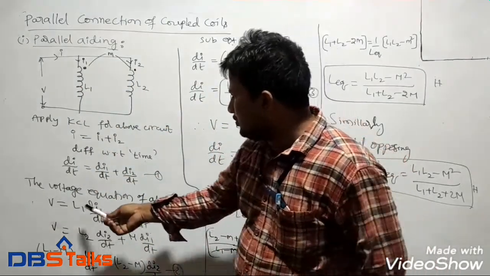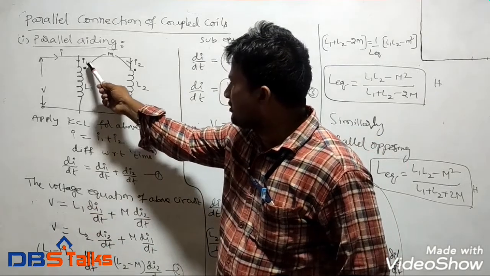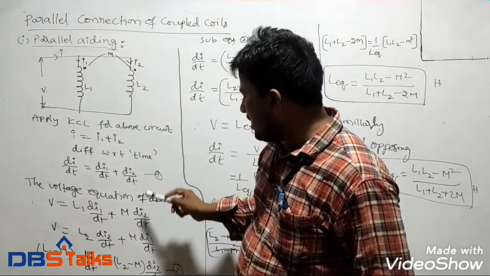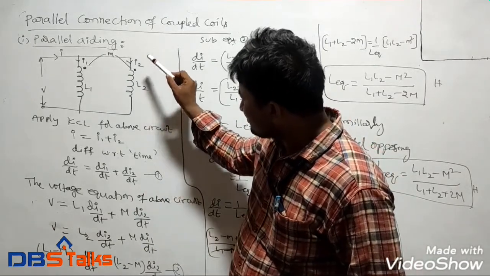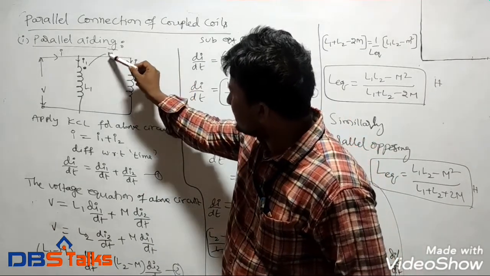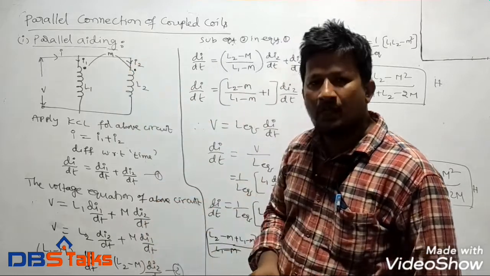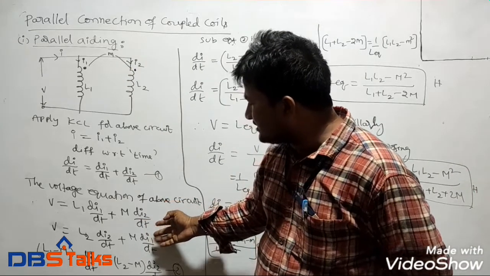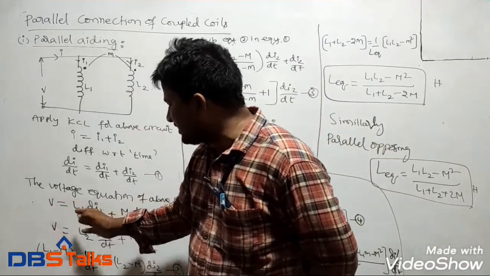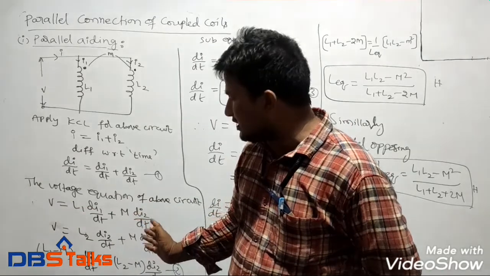So V is equal to L1 dI1 by dt plus M dI2 by dt. In a similar manner, V is equal to L2 dI2 by dt plus M dI1 by dt. Now let us observe these two equations. The left hand side of both is the same, so the right hand side must be equal.